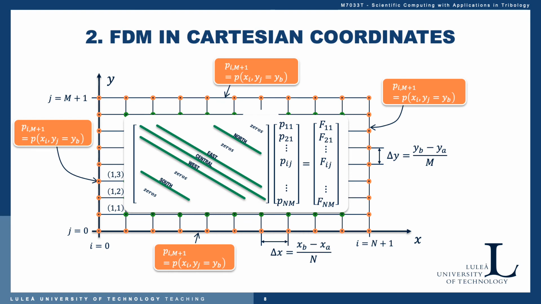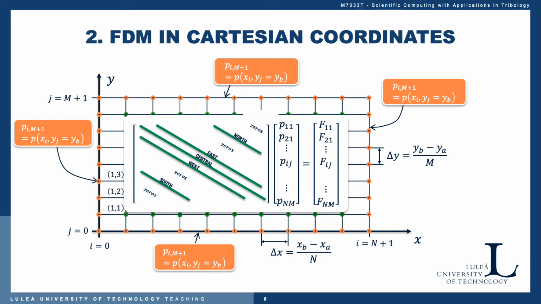stage 2, where we instead solve this problem in Cartesian coordinates with the finite difference method, and we can implement that for a general aspect ratio of the domain, and we assume here that the motion will be in the x direction, the linear motion of the collar will be in the positive x direction.